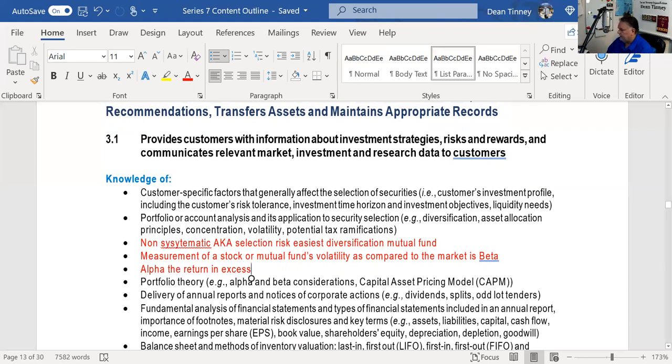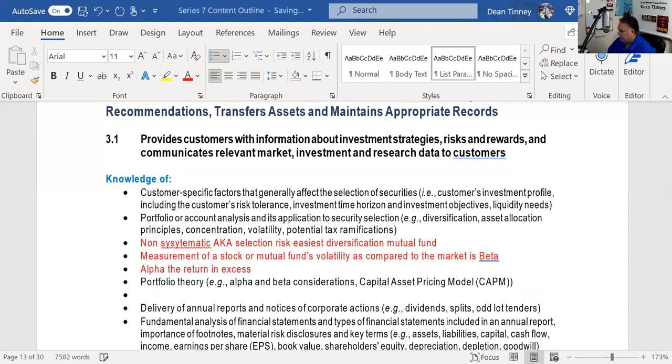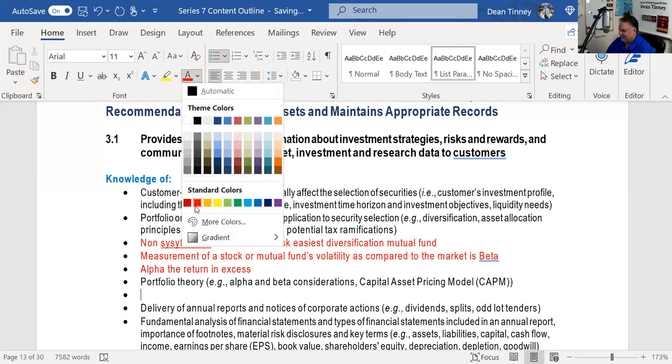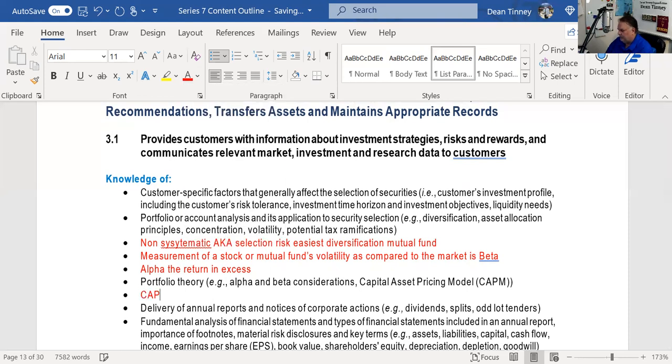As I mentioned, I wouldn't worry about alpha, and I wouldn't worry about capital asset pricing model either on Series 7. If you come back for a Series 6, or excuse me, 66, not 6. Oh my goodness, that would be freaking out our Series 6s. On 66, they get a little more into this kind of stuff.